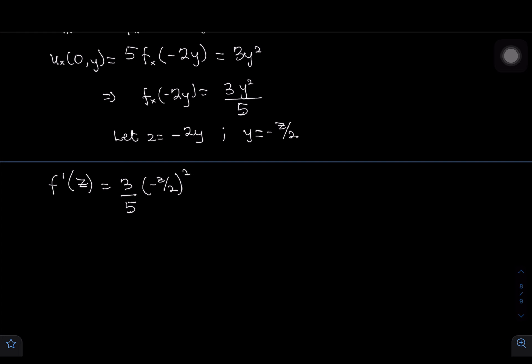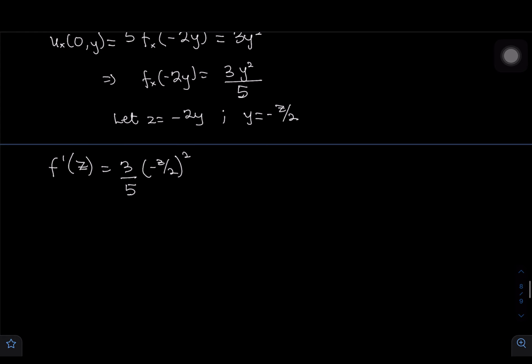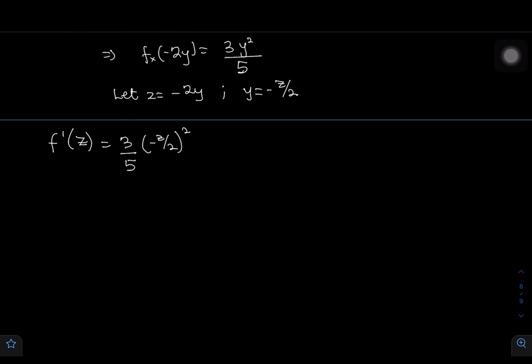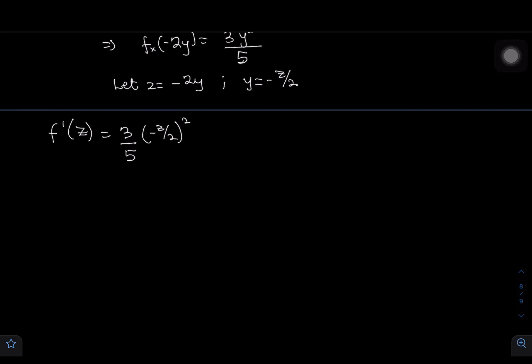Why are we saying f prime of z? We've changed the whole coordinates. We've moved from x, y to just simple z. We are replacing whatever is in the function with just z. So we can just do away with the partial derivatives and then just have a function f prime of that. So f prime of z is just equal to that, and then that is going to be equal to 3 over 5 multiplied by z squared divided by 4.